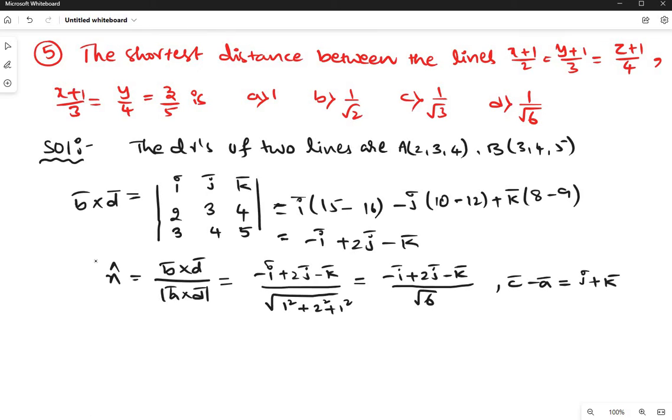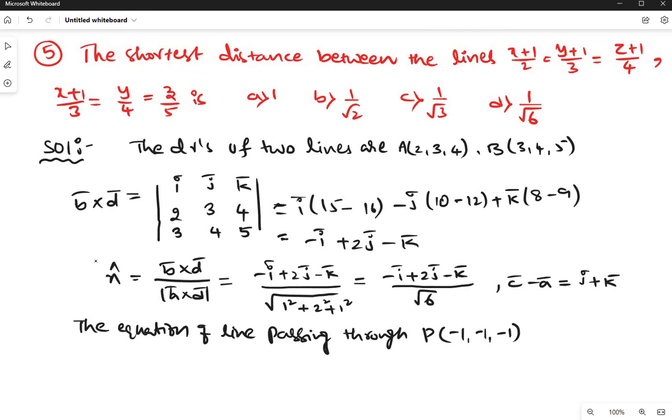I will explain here. First I have to identify the points: the equation of a line passing through P, which is minus 1, minus 1, minus 1, and Q, which is minus 1, 0, 0.